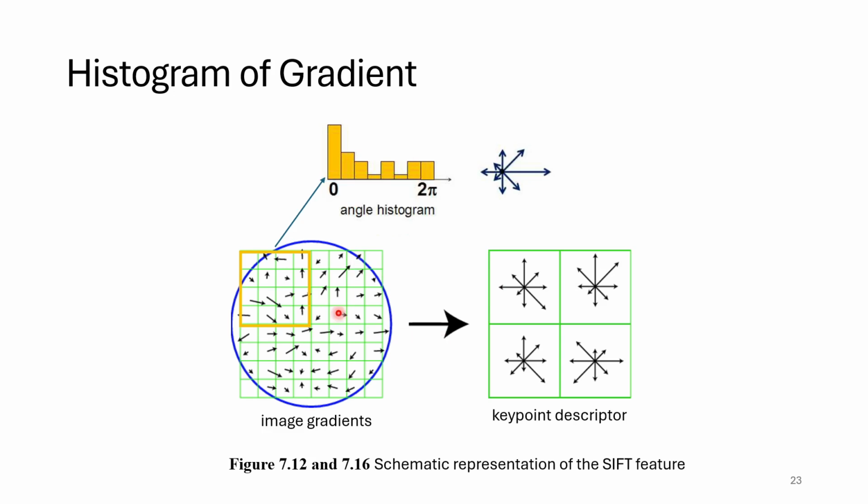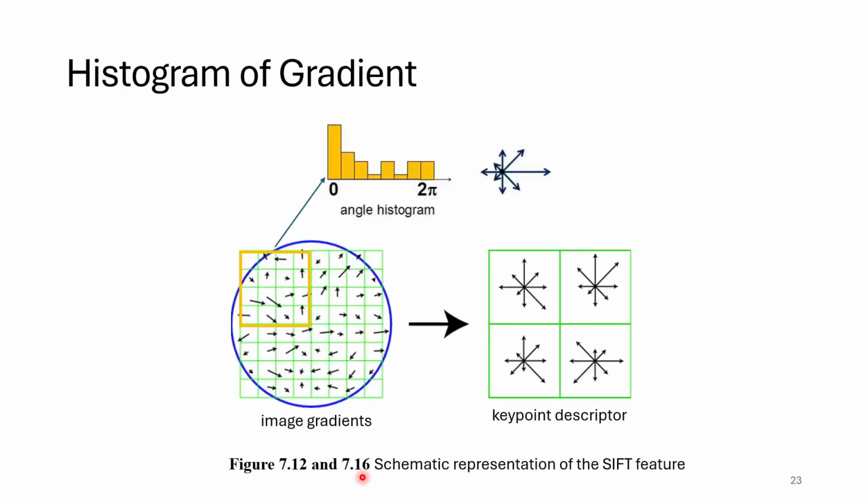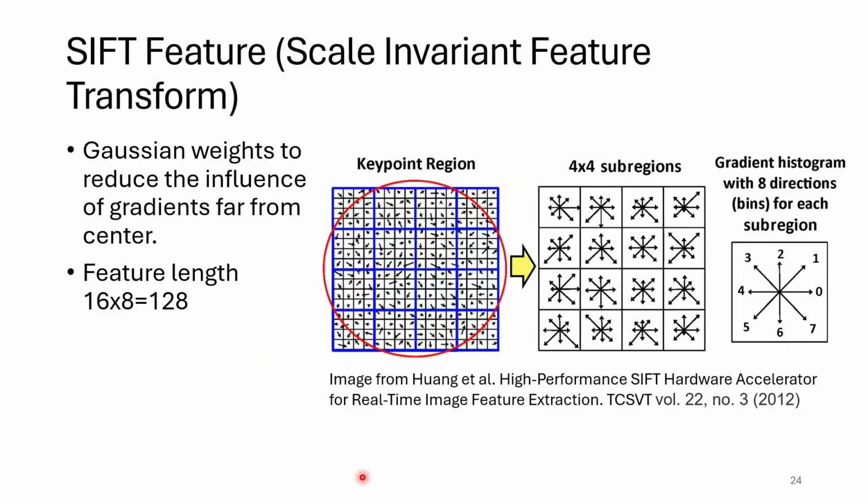Then, given a pixel and some nearby regions, they can create several histograms. This is just an illustration, and this image is also available in our textbook.